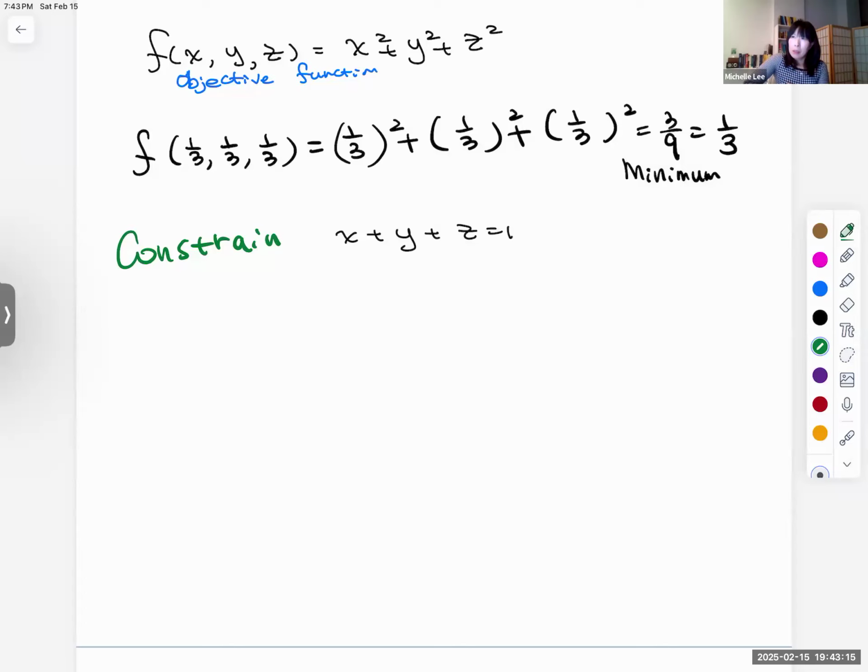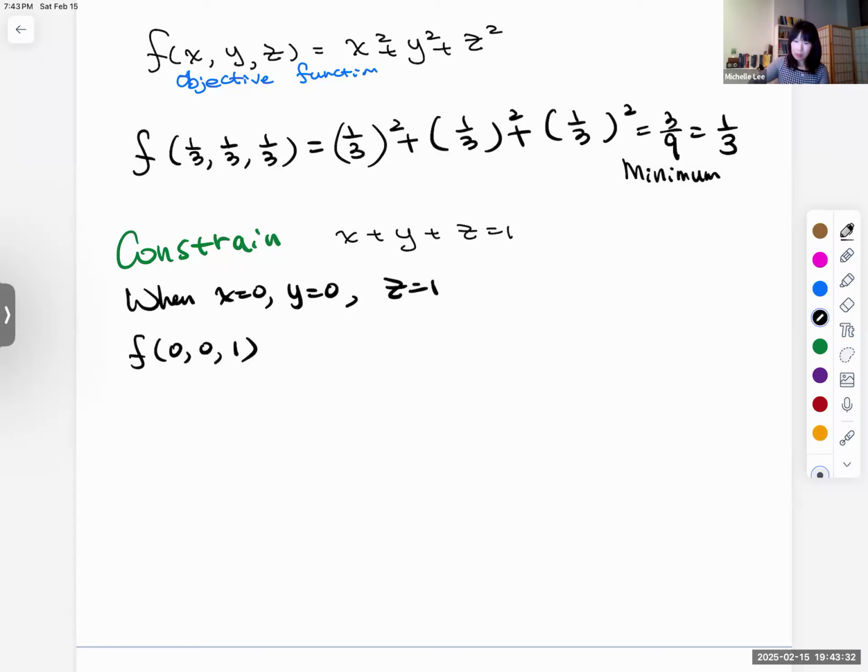So when x equals 0 and y equals 0, then z equals 1, so there will be f of (0, 0, 1).